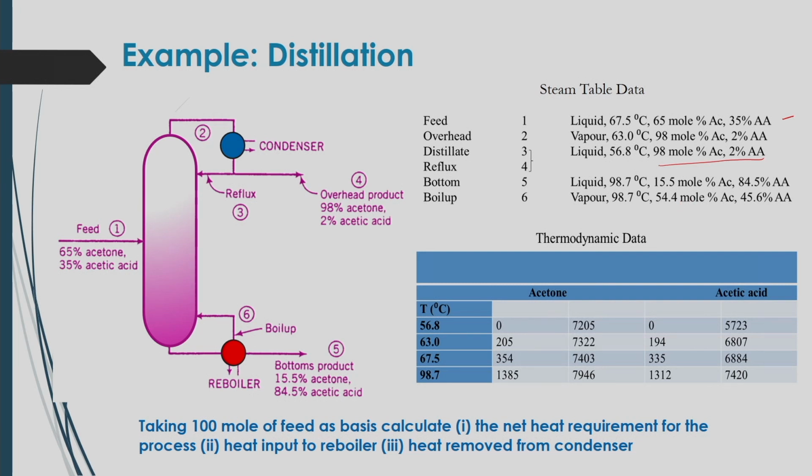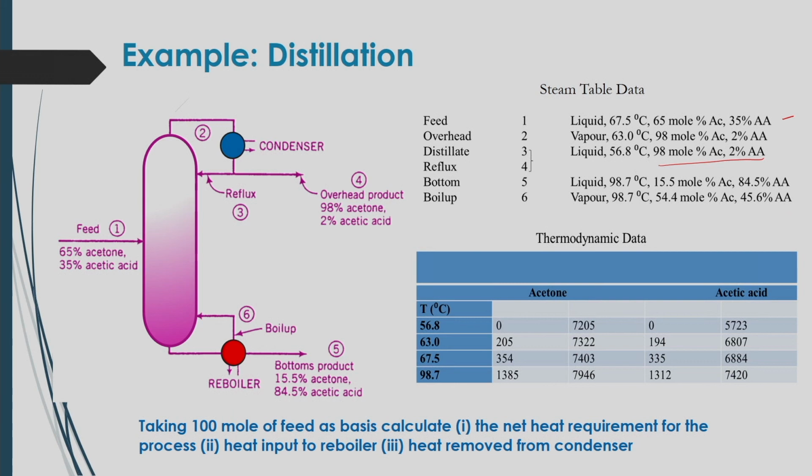After reboiling of those liquid components by the reboiler, the boil-up to be sent to the distillation column is at a temperature of 98.7 degrees Celsius, whereas the mole fraction of acetone will be 54.4 mole percent, and acetic acid will be 45.6%.